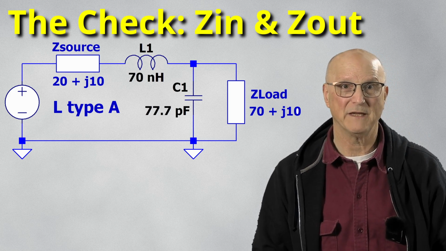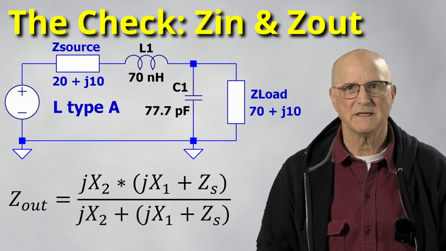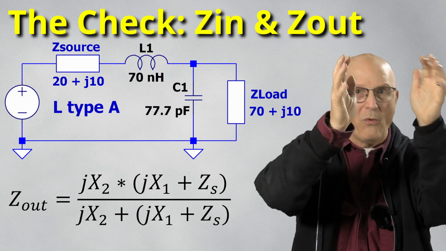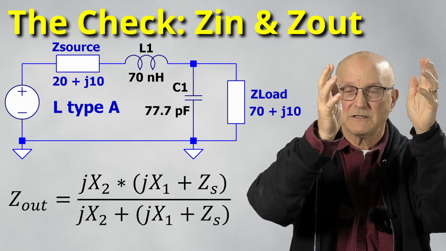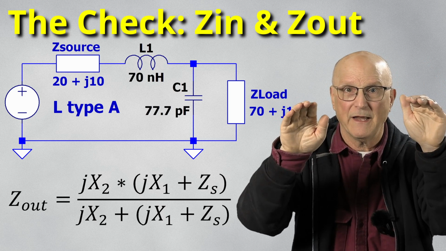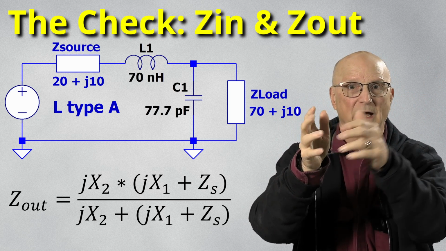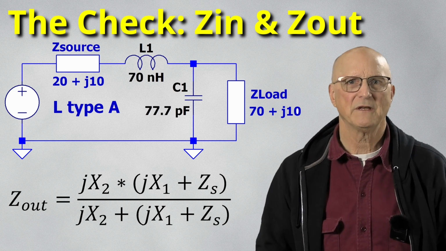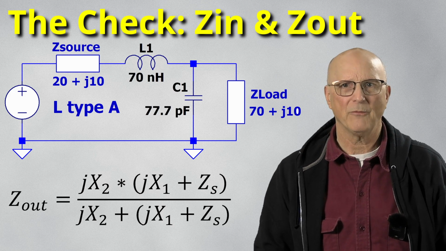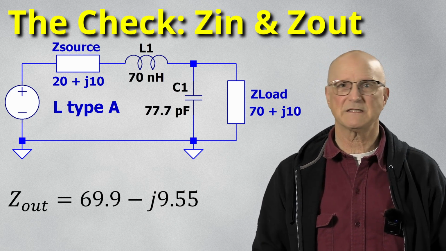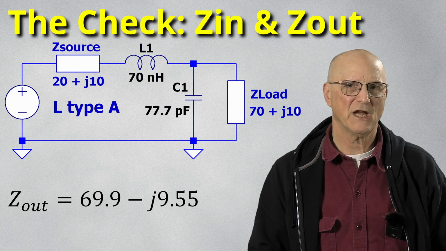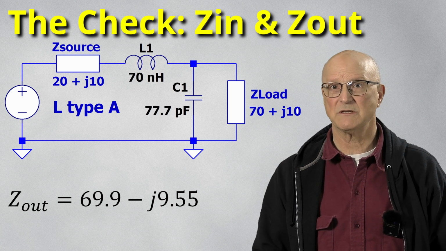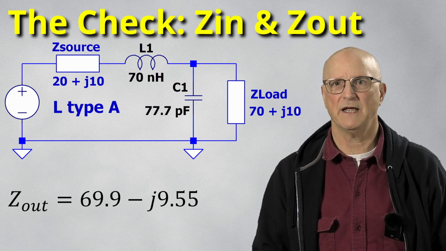Next is the output impedance. The output impedance is equal to, on the top, JX2 times the quantity JX1 plus the source impedance, divided by JX2 plus the quantity JX1 plus the source impedance. With the numbers previously arrived at, our output impedance is calculated to be 69.9 minus J9.55 when the input is terminated with the source impedance of 20 plus J10.